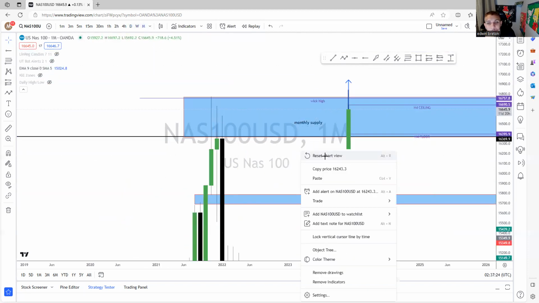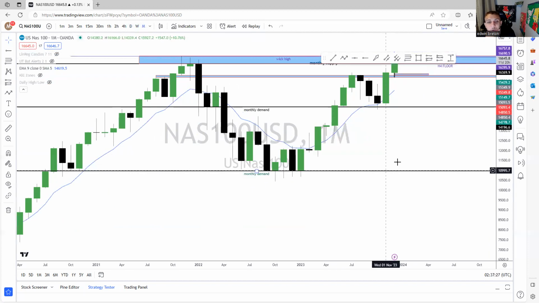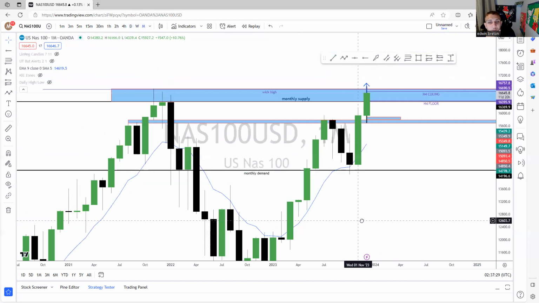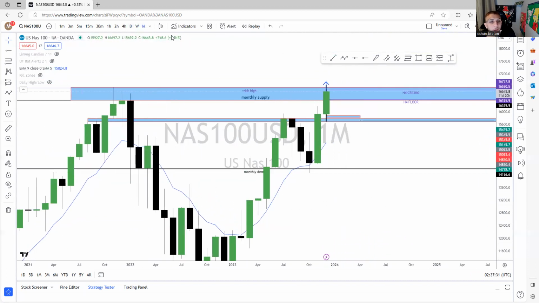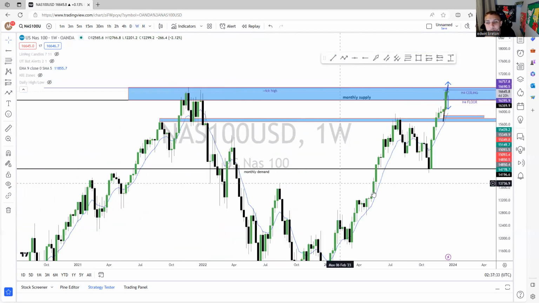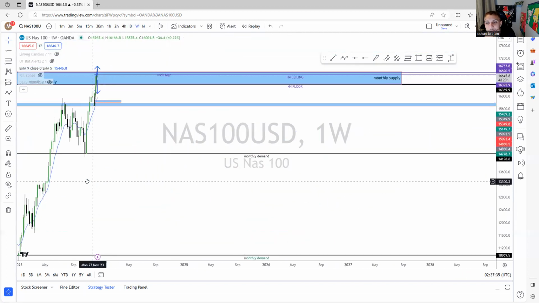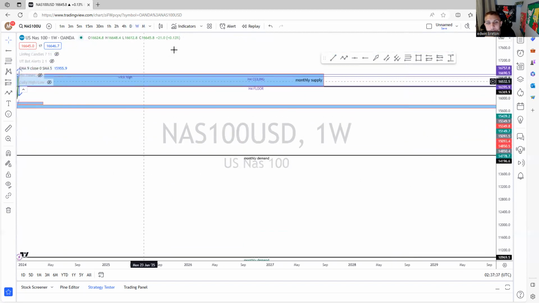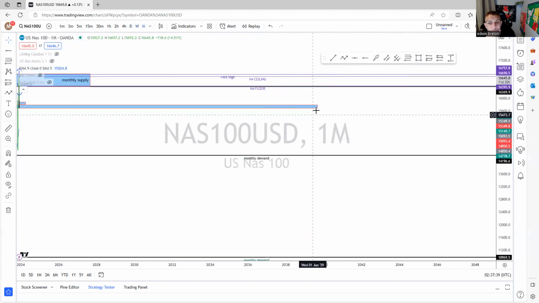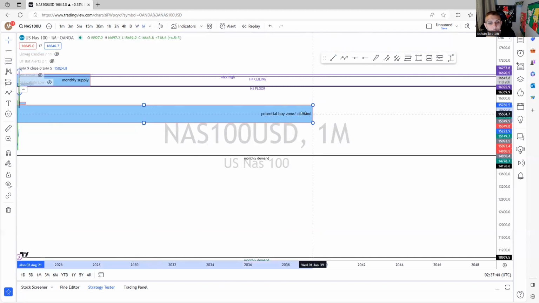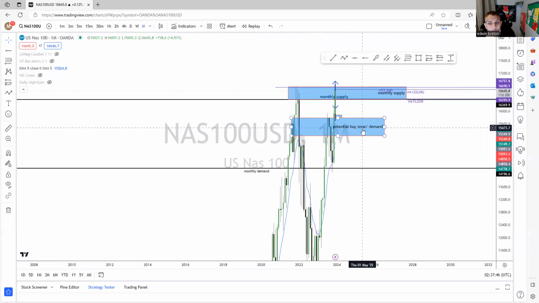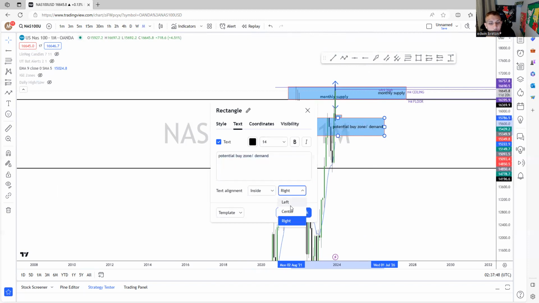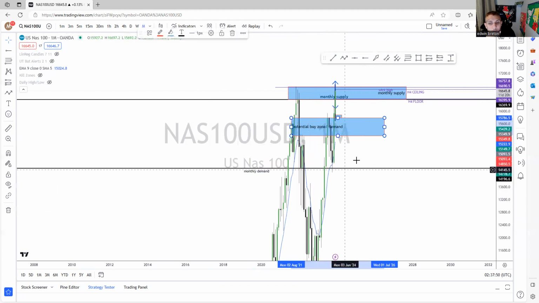Let's go back into our monthly, reset our chart, make sure we do have our monthly demand, we do have monthly supply, we do have a weekly level here that I do want to actually bring a little more in. Put this on the left side.